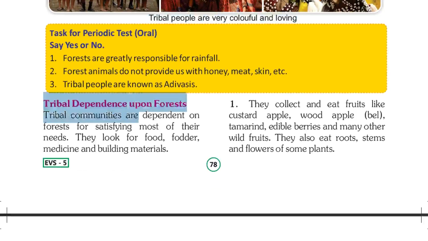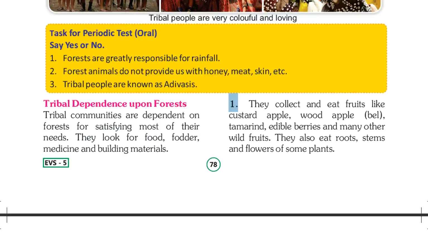Tribal dependence upon forest. Tribal communities are dependent on forest for satisfying most of their needs. They look for food, fodder, medicine and building materials.